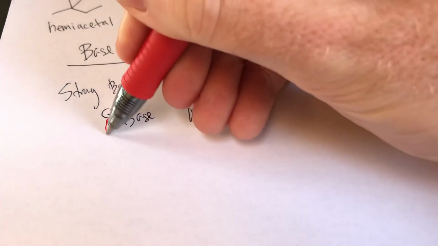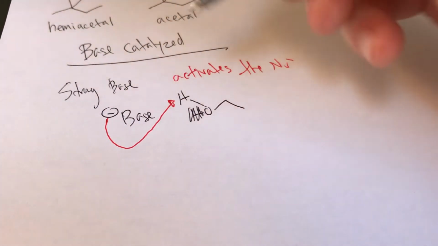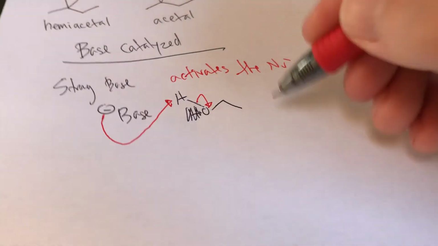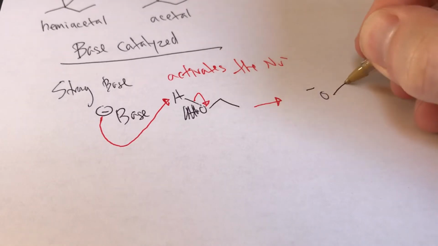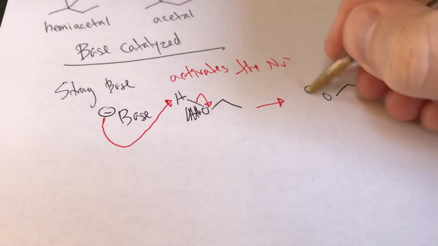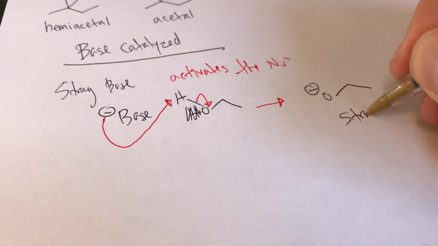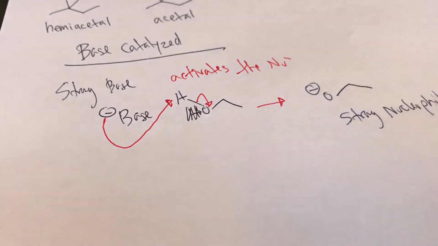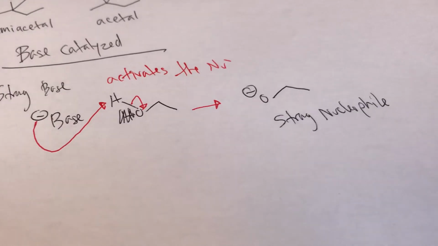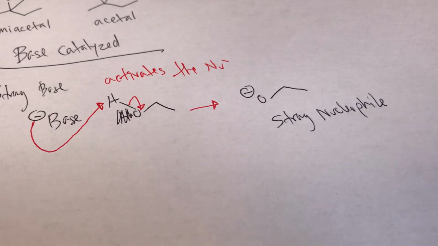So that base will take this hydrogen, and the electrons break toward the oxygen. That's going to give us a strong nucleophile. And then it can go ahead and react like we've seen before.